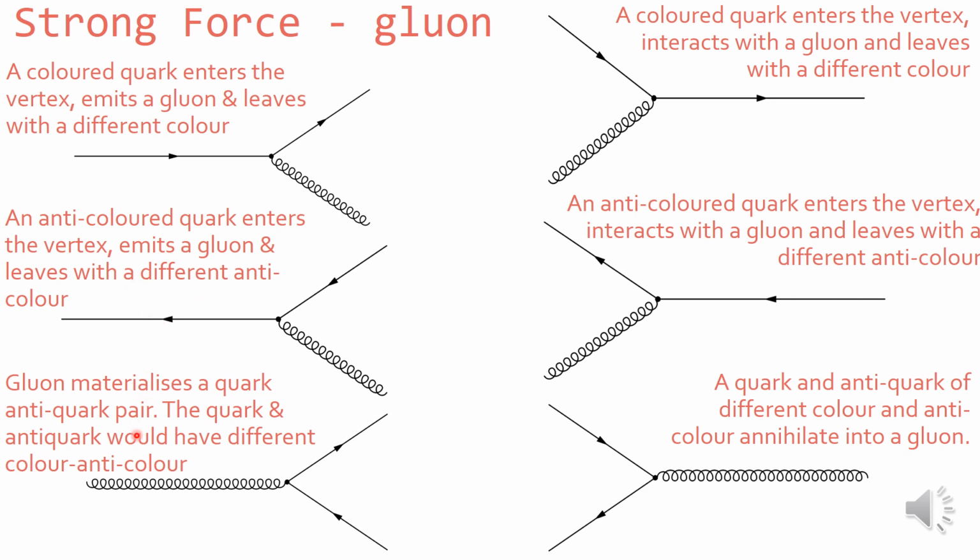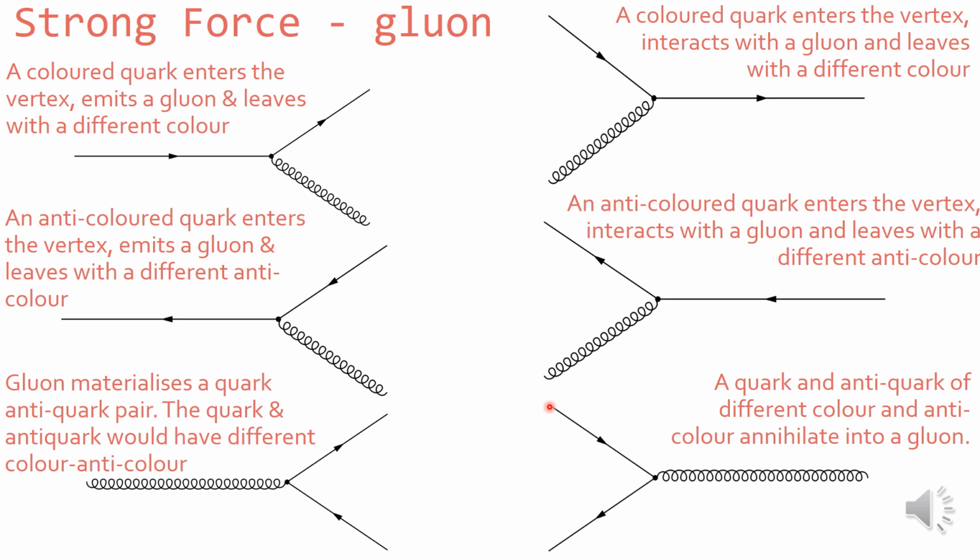And equally, here you can see that a gluon materializes into a quark-antiquark pair, where the quark and antiquark would have a different colour and anticolour. And that's because this is just one of these diagrams rotated. That's why these colour rules are as they are.